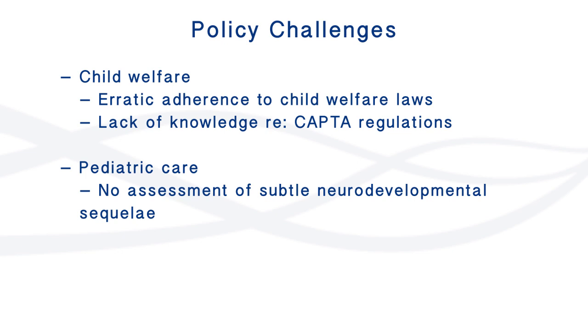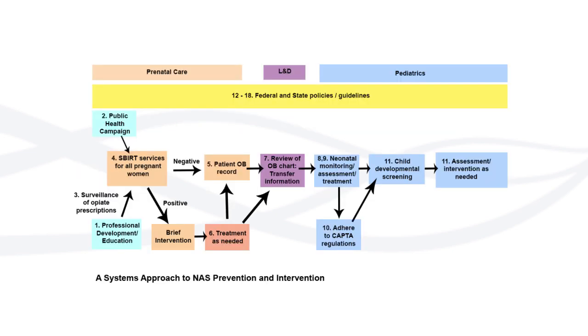With these challenges in mind, I'd like to present this systems approach to neonatal abstinence syndrome prevention and intervention. I've numbered the steps so that you can follow along a little more easily. We start in the preconceptional period at the far left of this graphic. You can see number 1, professional development and education.